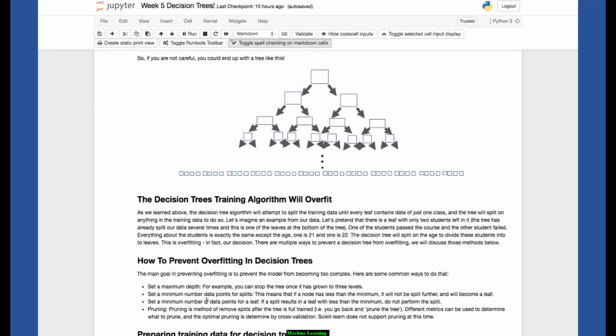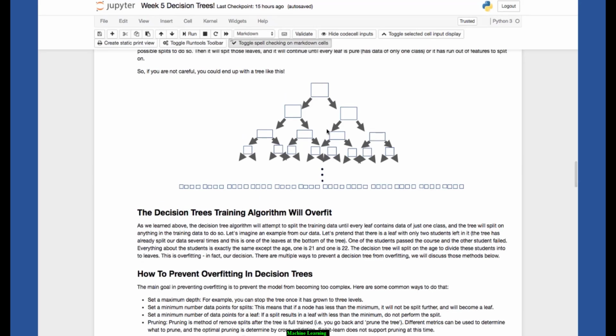Another is to set a minimum number of data points for a split. That means that if at any one of these boxes there's only so many data points left to split on, and the number is below the minimum, then it won't split, and this will just become a leaf. So let's say our minimum is 50.